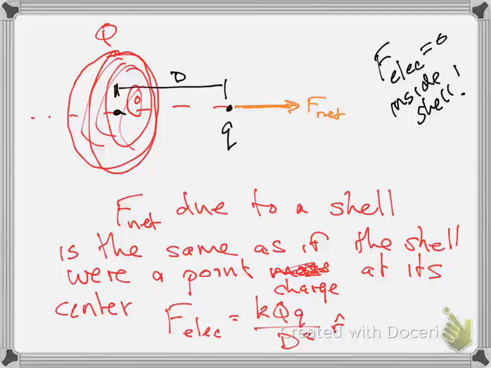So Newton's shell theorem holds for point masses and spherical masses and point charges and spherical charges in the exact same way. So we know that the electric force between spheres of charge is kQq over r squared, given by Newton's shell theorem, or you could say given by Coulomb's law, because a shell or sphere acts like a point. And Coulomb's law is for 2 point charges.